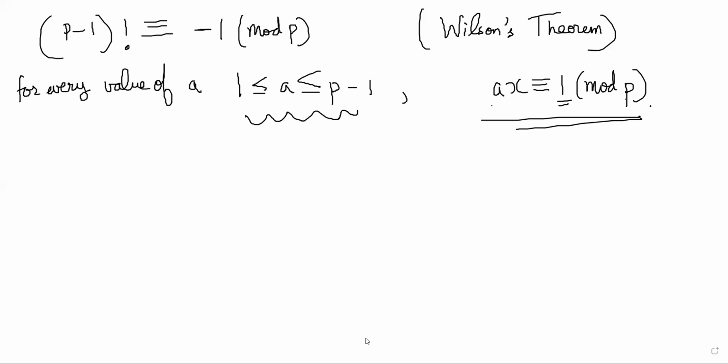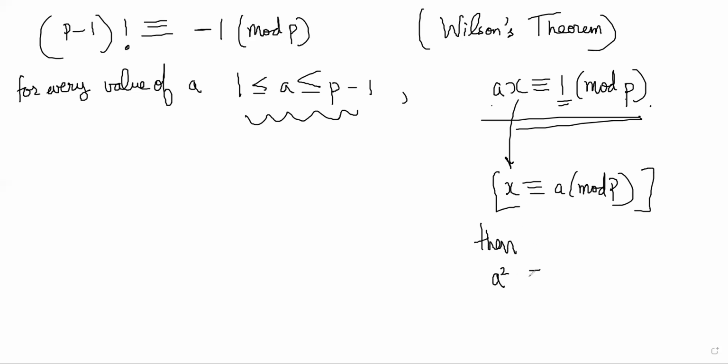Now, what we have to find out is, if x was a mod p, then you would have gotten a square is congruent to 1 mod p.